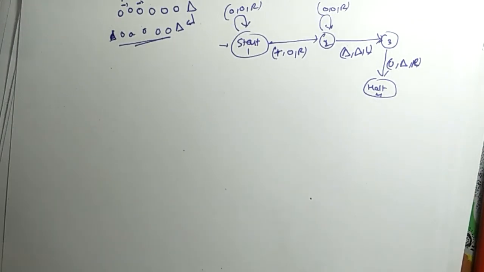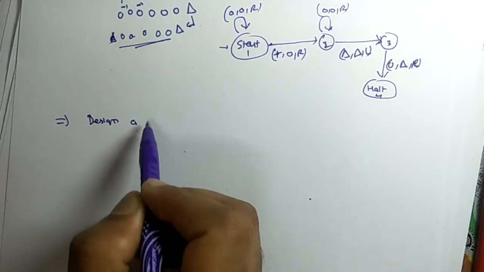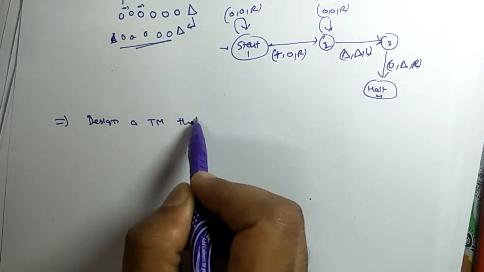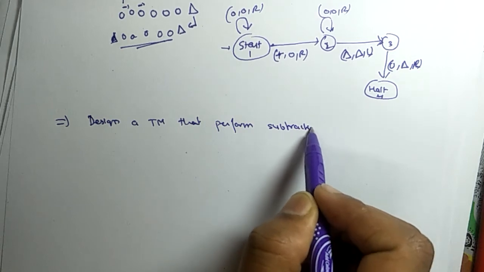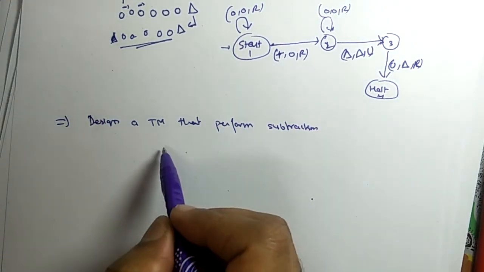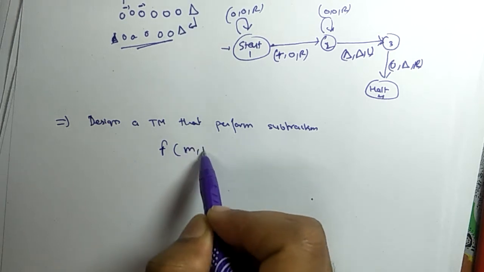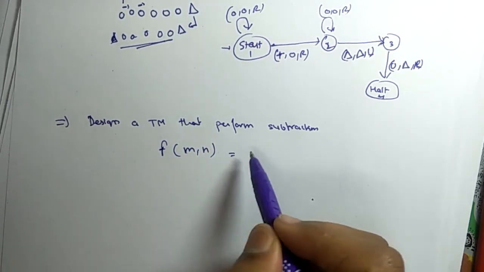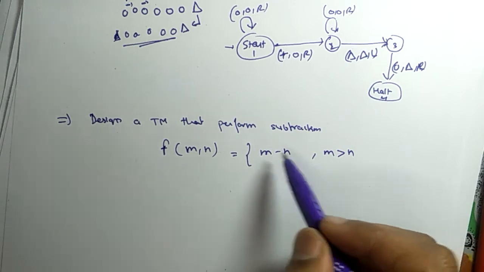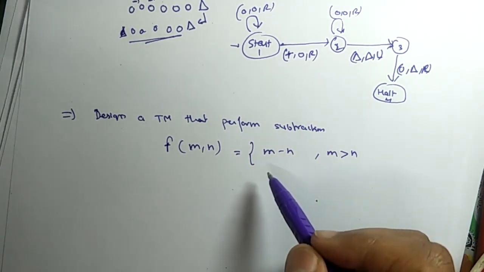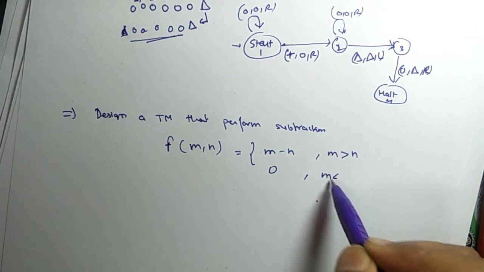Now look at the Turing machine that performs subtraction, or we can say f of m comma n, you can write x comma y also, is equal to m minus n if m is greater than n, and this Turing machine is important from an exam point of view, and 0 if m is less than or equal to n.